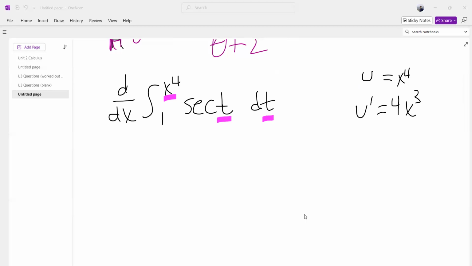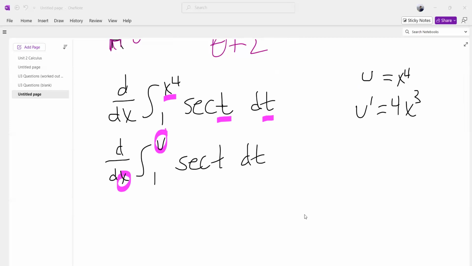Well, we have to replace the x to the fourth with u, and we'll see what happens if we do that. All right, well, now we have a different problem. I said that these two things always have to be the same, and they're not. We have to make it d/du instead of d/dx. And there's an easy way to do this.